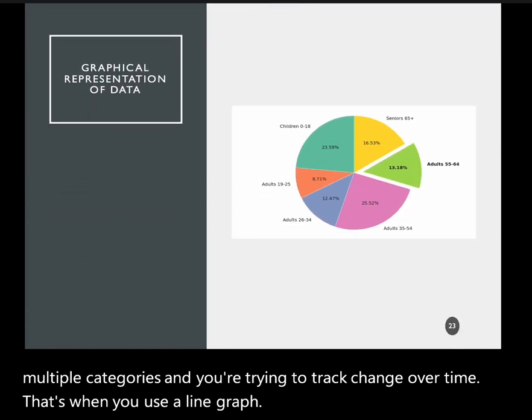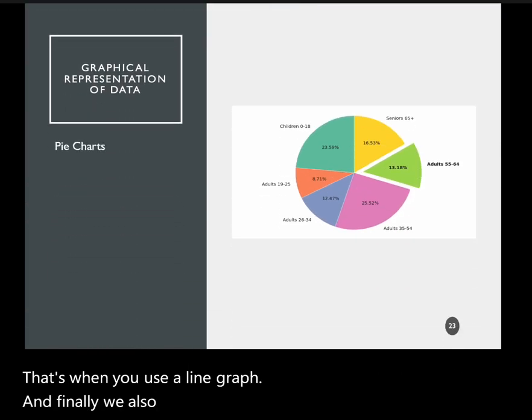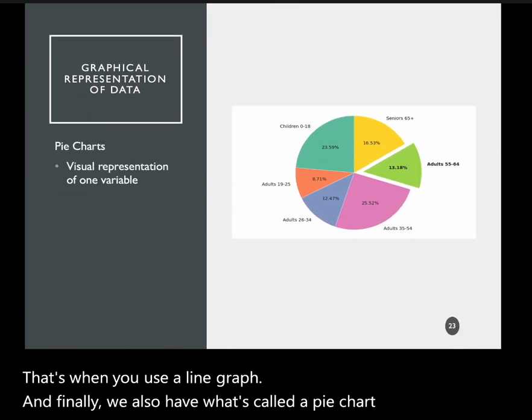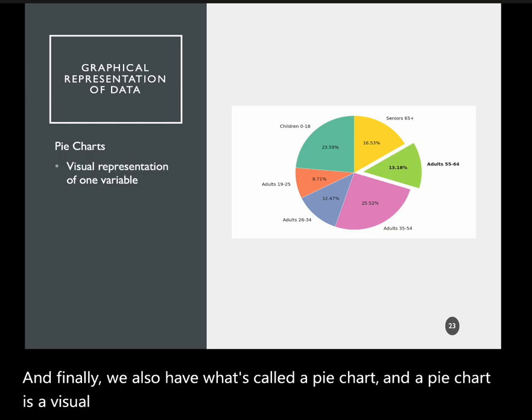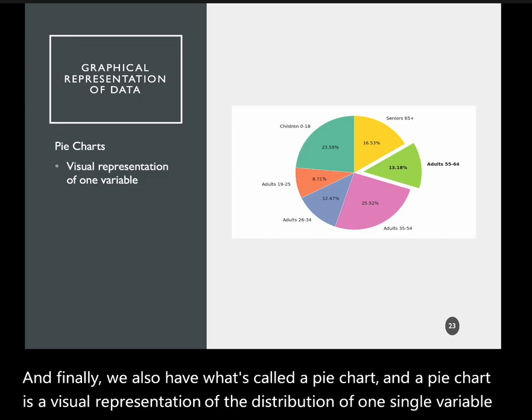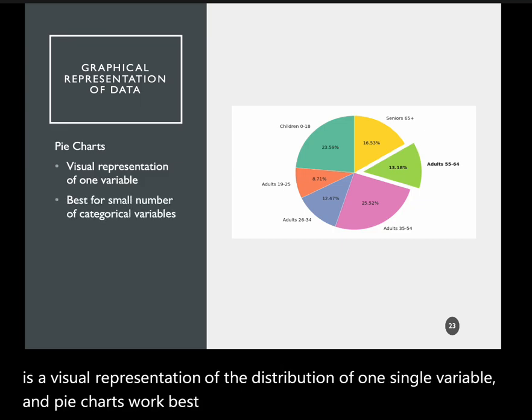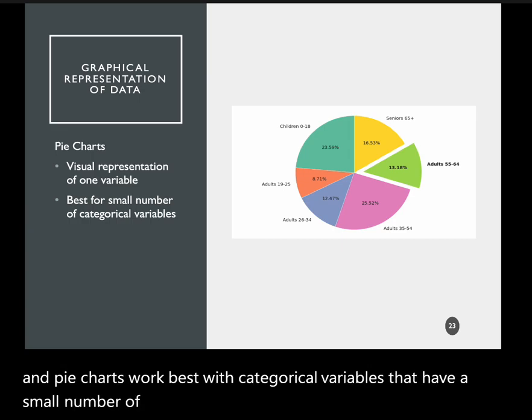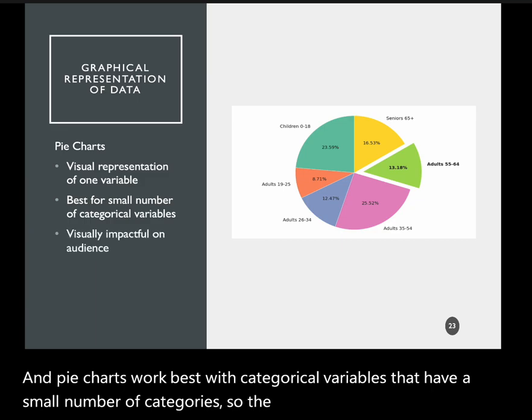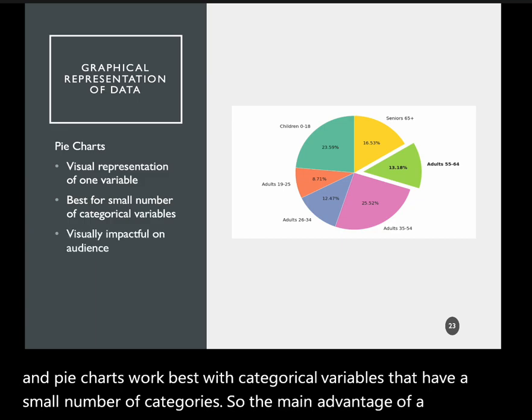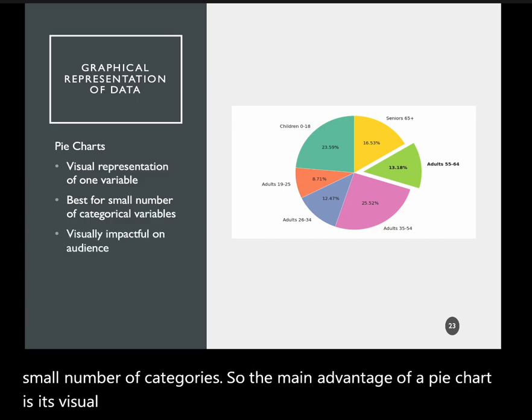And finally, we also have what's called a pie chart. A pie chart is a visual representation of the distribution of one single variable. Pie charts work best with categorical variables that have a small number of categories. The main advantage of a pie chart is its visual impact on the audience.